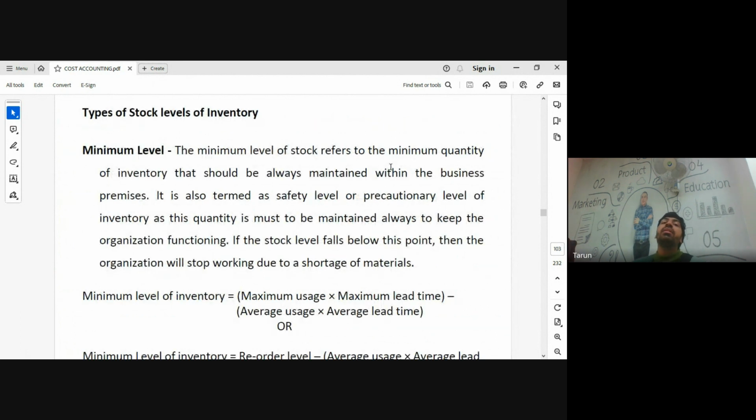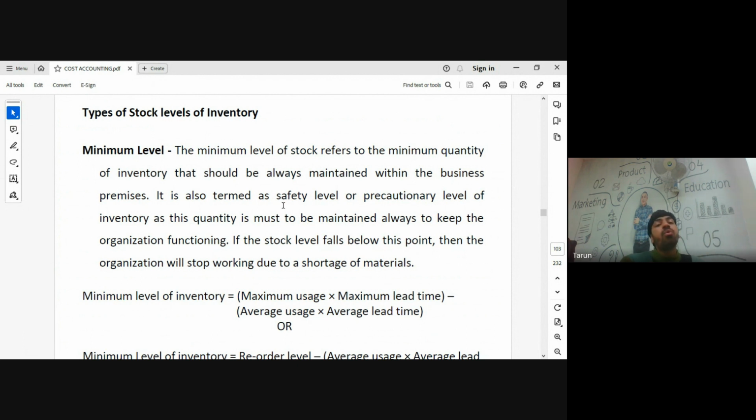Now we talk about the levels of inventory, which are defined through mathematical formulas as well as meaning: the minimum level, the maximum level, and the reorder level, which I believe have been mentioned in the previous slides as well. The first type of stock level of inventory is the minimum level. Minimum level refers to the minimum quantity of stock which is always maintained within the business organization.